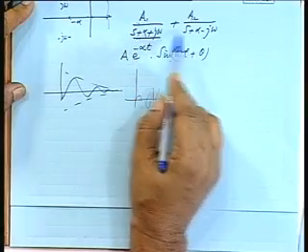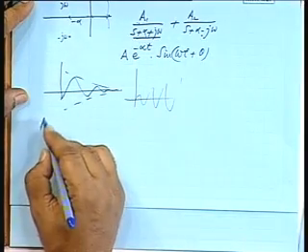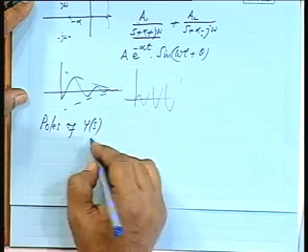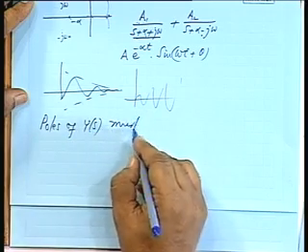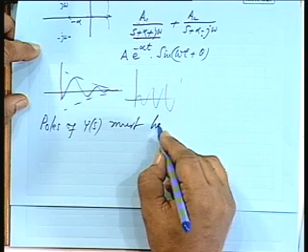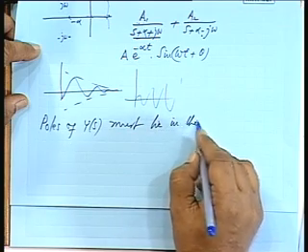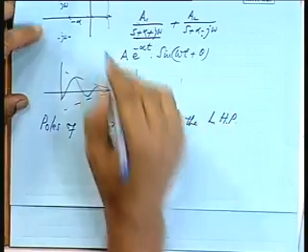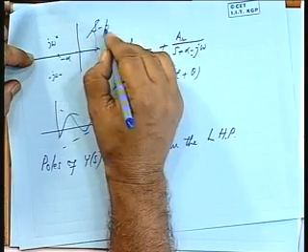So, the poles of Ys must lie in the left half of the s plane. We are talking about the roots in the s plane.